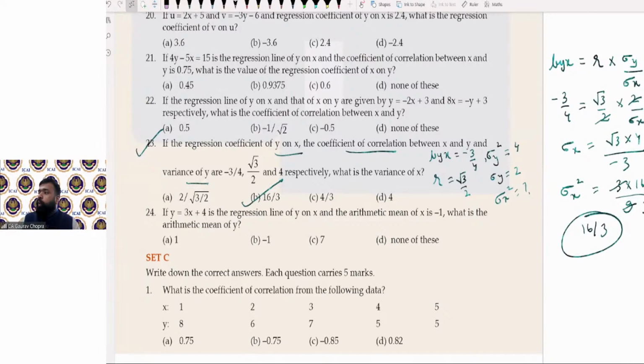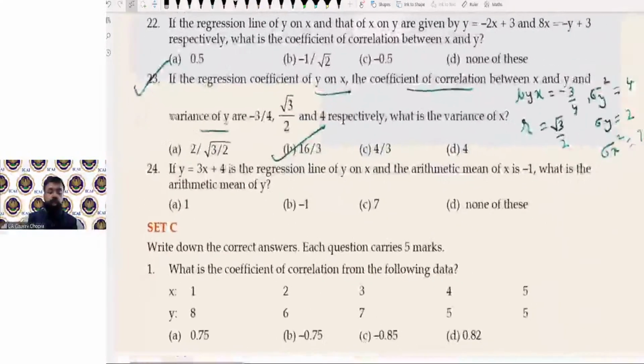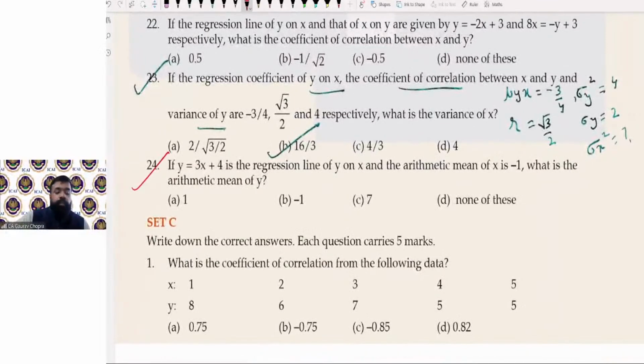Then Swati is asking about Set B question number 24. It is one of the easiest questions. y is equal to 3x plus 4.